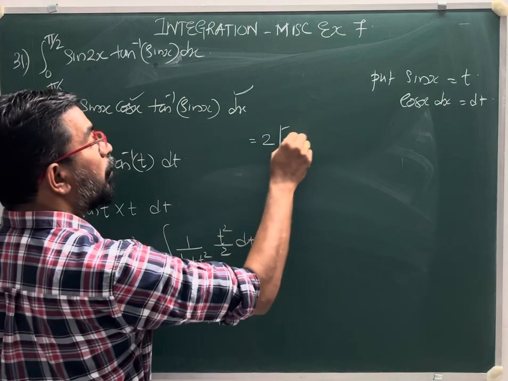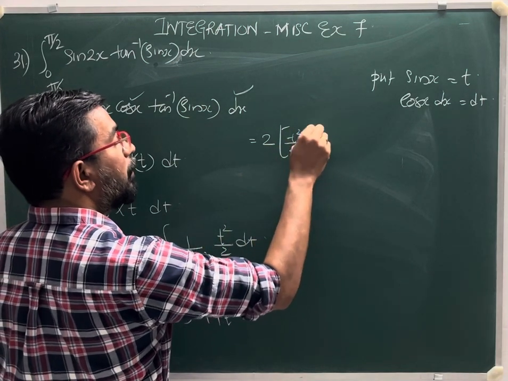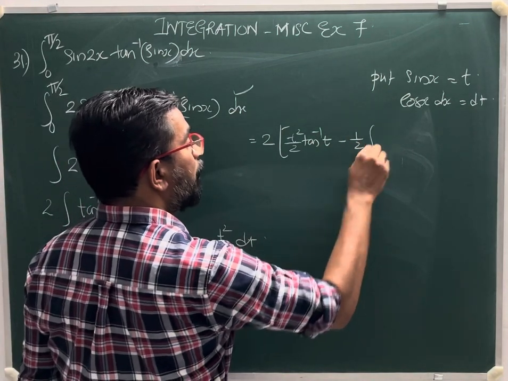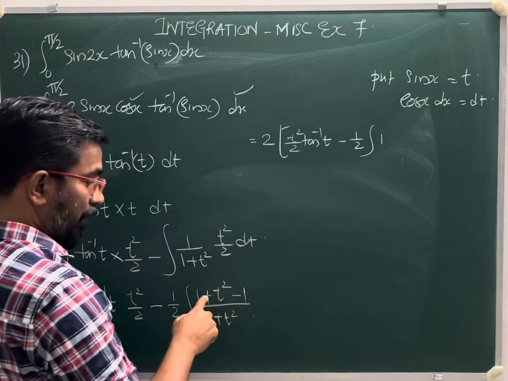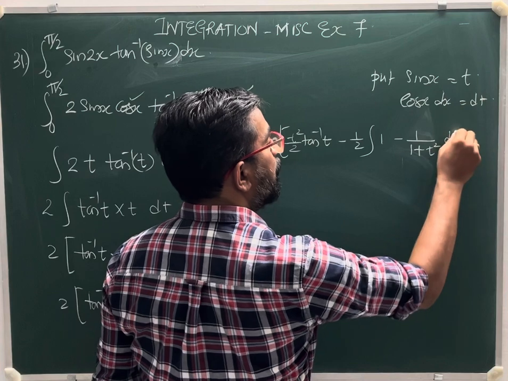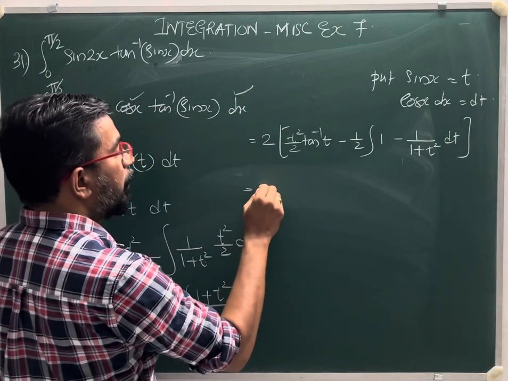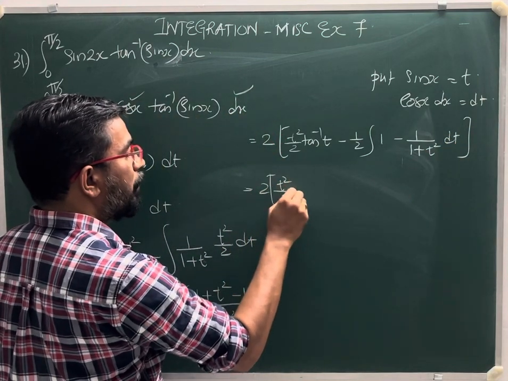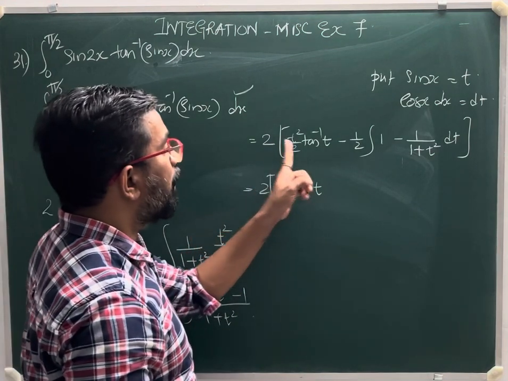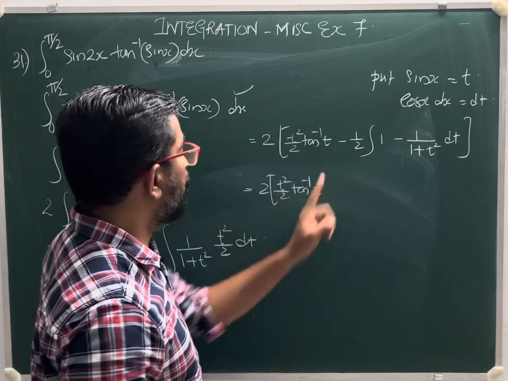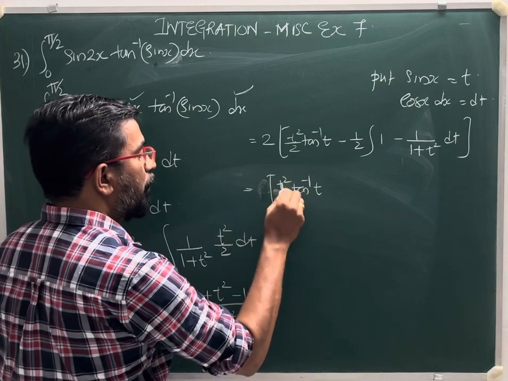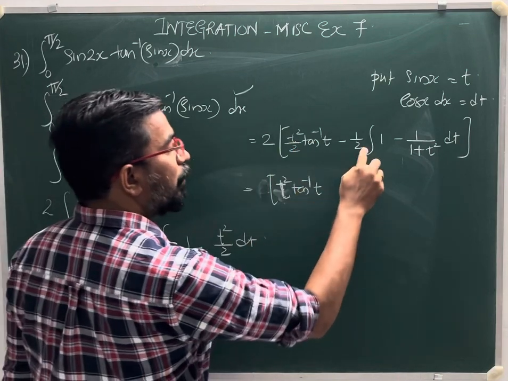So 2 into t square by 2 tan inverse t minus 1 by 2 integral of 1, this by this is 1, minus 1 by 1 plus t square dt. So this will become 2 into t square by 2 tan inverse t. If I multiply 2 inside, this 2 and this 2 cancel, so I don't want this 2 here. So I will write just t square by 2, imagining you multiply this. Here also this 1 by 2 is gone.